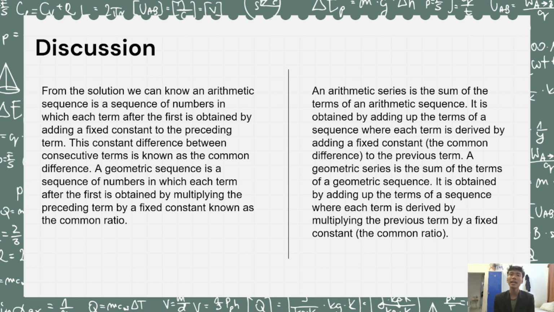It is obtained by adding up the terms of a sequence, where each term is derived by adding a fixed constant, the common difference, to the previous term. A geometric series is the sum of the terms of a geometric sequence. It is obtained by adding up the terms of a sequence, where each term is derived by multiplying the previous term by a fixed constant, the common ratio.